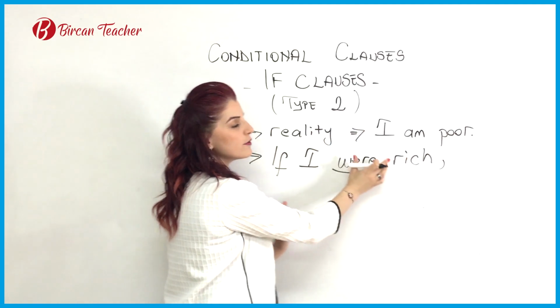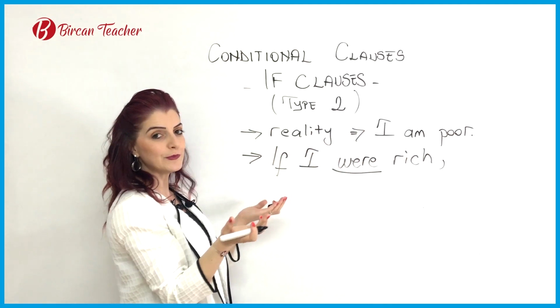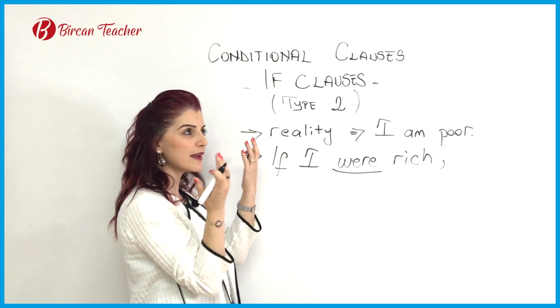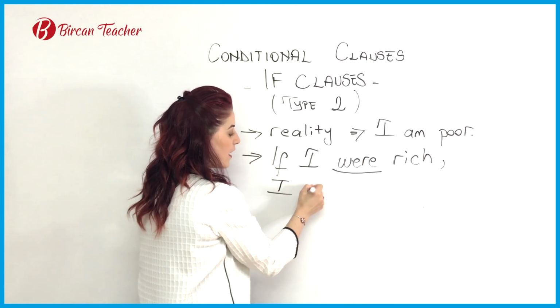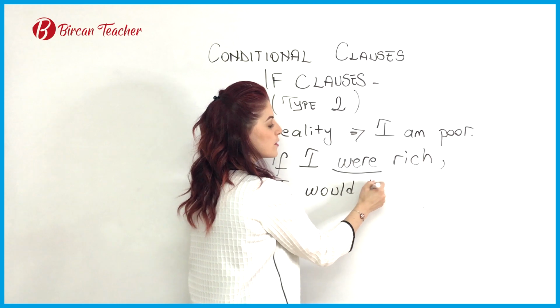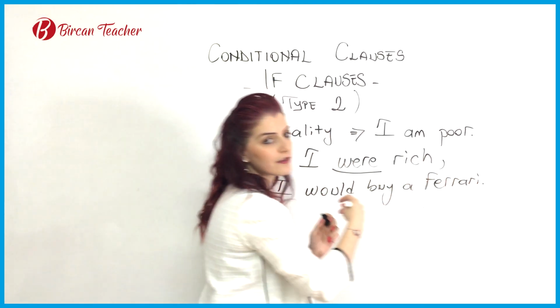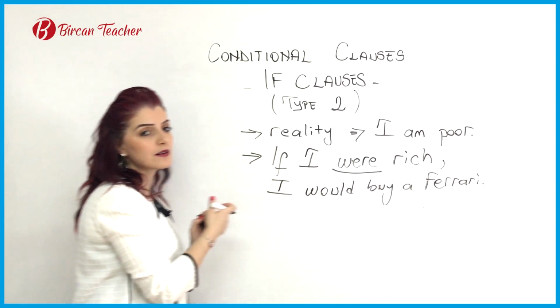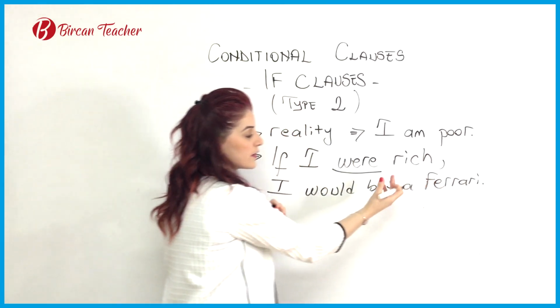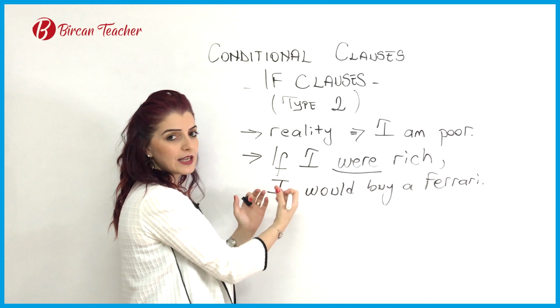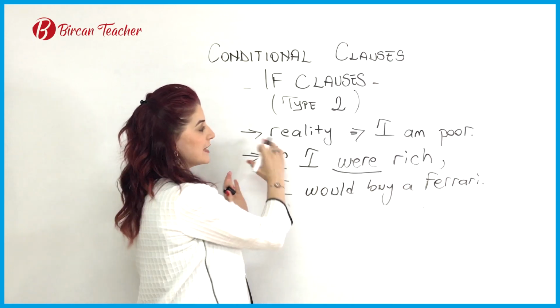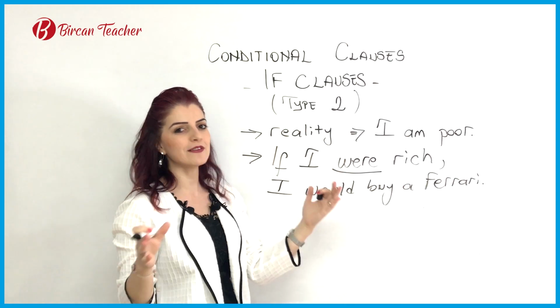So, if I were rich, what would you do? What is your imagination? I would buy a Ferrari. You know, Ferrari is a very expensive car. So, in order to get a Ferrari, you need a lot of money. But in reality, you don't have enough money.